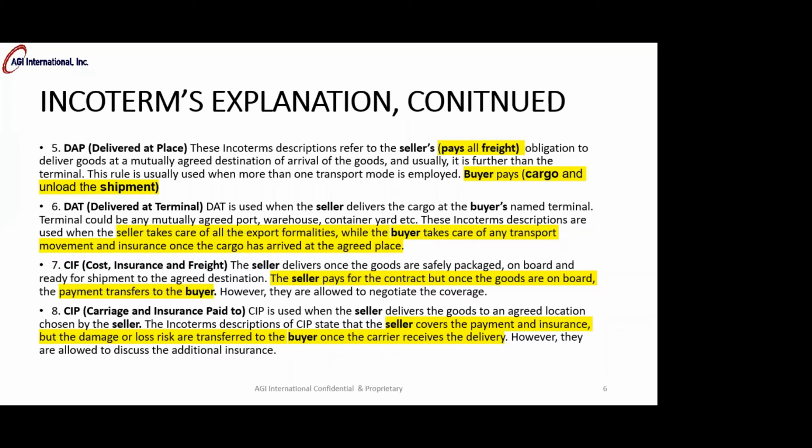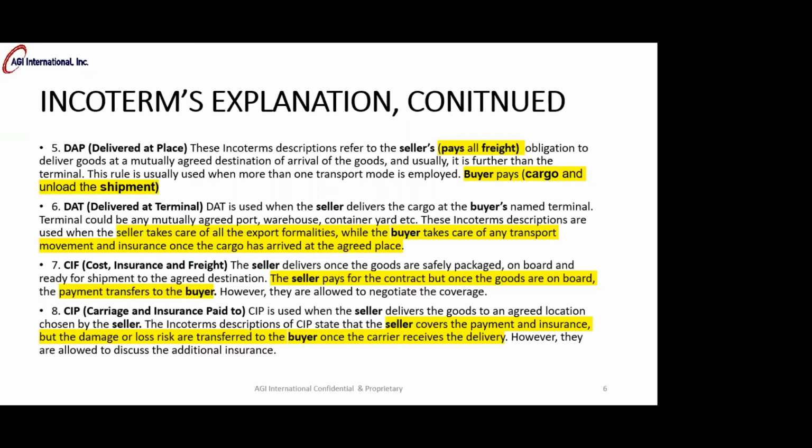But then the seller takes care of the export responsibility while the buyer takes care of transport, movement, and insurance once the cargo has arrived in the agreed upon place. So if your agreed upon place is the San Francisco Bay shipping or the New York port or wherever it is, at that point in time is when information changes. The buyer takes over the transport movement and the insurance once that cargo has arrived on wherever you've agreed to.